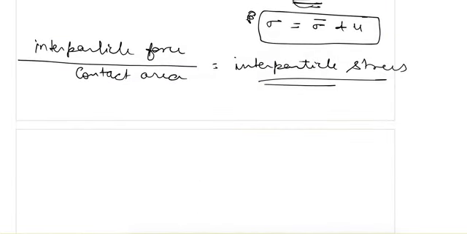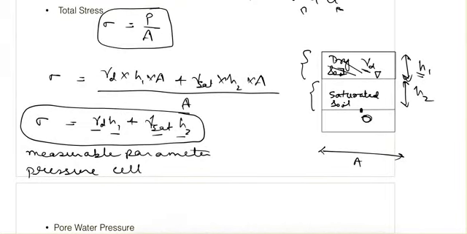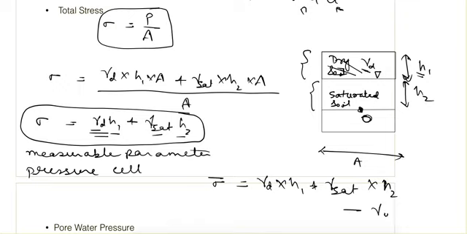And the effective stress, if we want to calculate it, is the difference of total stress minus pore water pressure. So let's take the example I had given initially. At this same point, if I want to find the effective stress, it can be given as: total stress is this much, gamma D into H1 plus gamma saturated into H2, minus the pore water pressure.